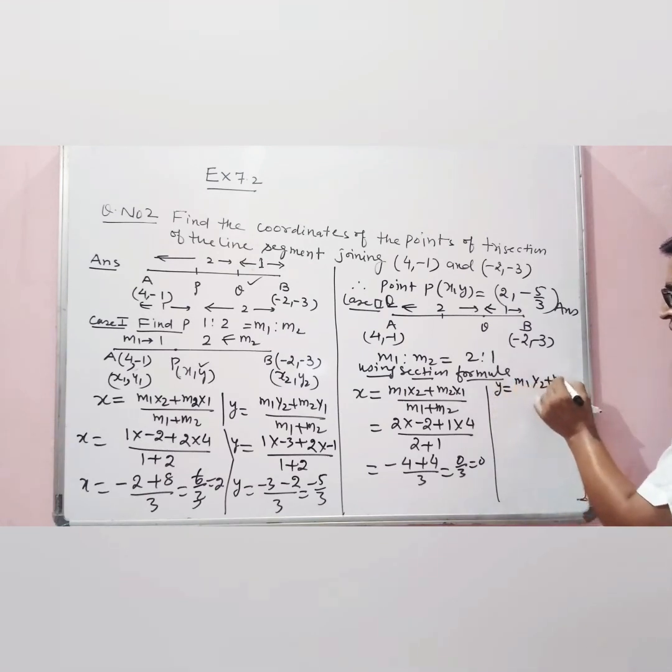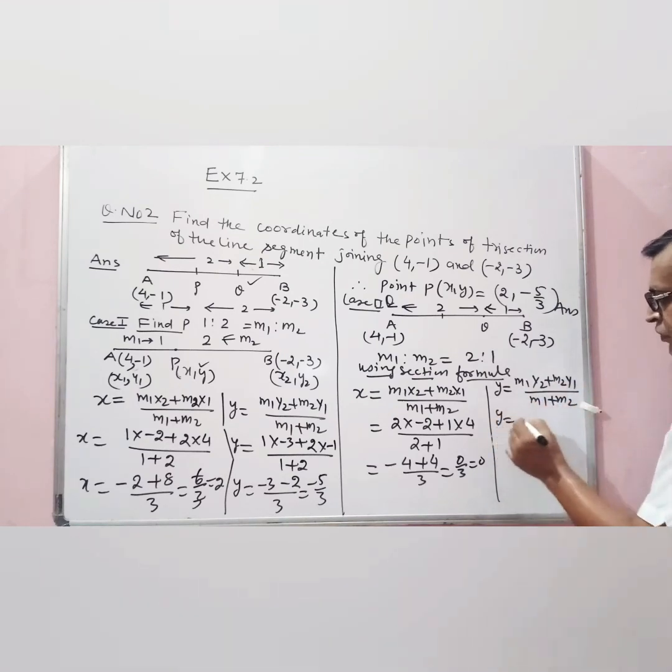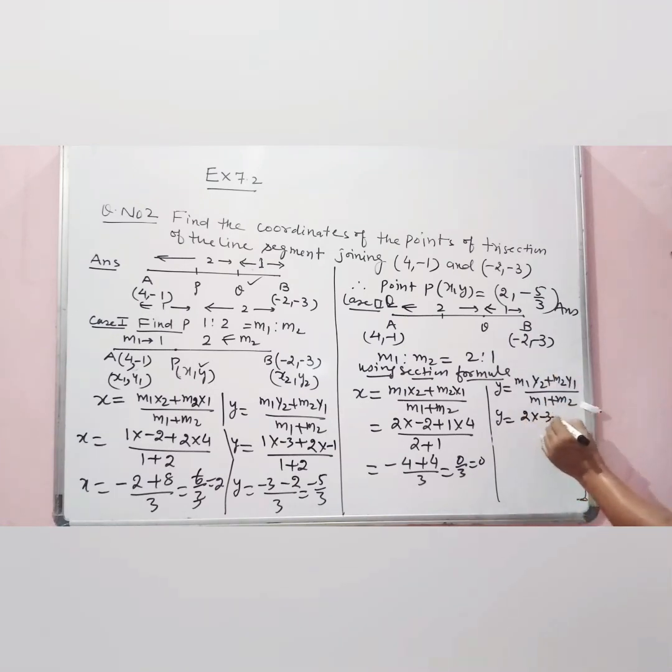m1 y2 plus m2 y1 over m1 plus m2. m1 value 2, y2 value minus 3, m2 value 1, y1 value minus 1, upon 2 plus 1: minus 6 minus 1 upon 3, y value minus 7 upon 3.